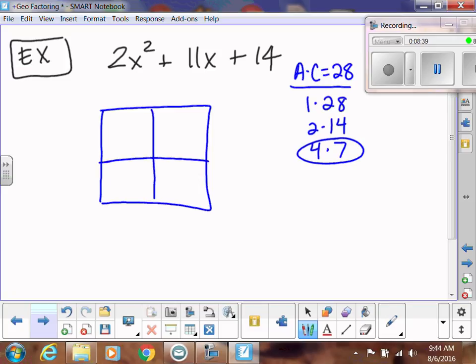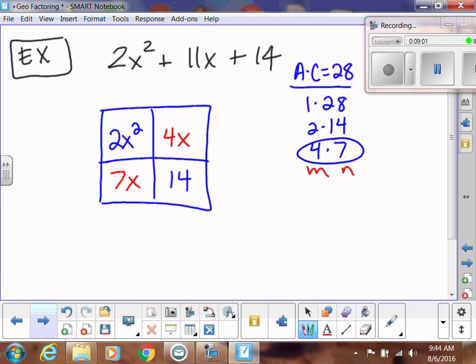So in opposite corners, my Ax squared and my C. And the other corners are my M and my N, or the two numbers that add up to be your B. So that's 4x and 7x. Again, I could have put them in the other way around, it doesn't matter. As long as they're in opposite corners, that's okay.